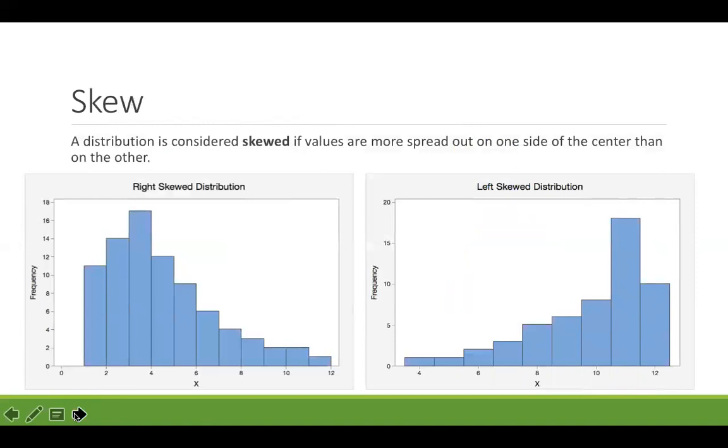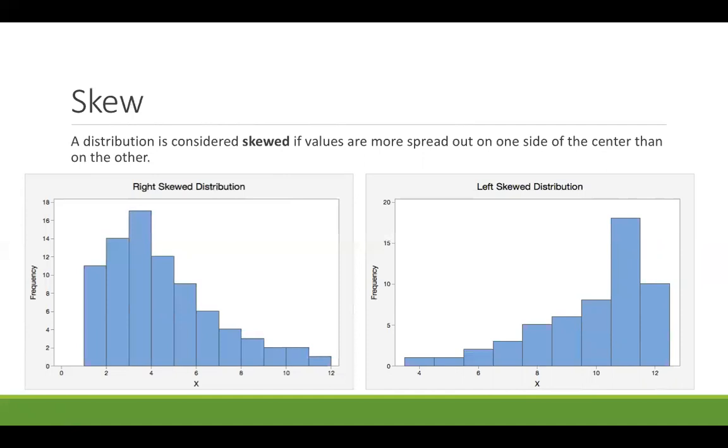Skewness can affect the shape of your distribution. A distribution is considered skewed if values are more spread out on one side of the center than the other. Here on the left we have a right skewed distribution, and on the right is a left skewed distribution.